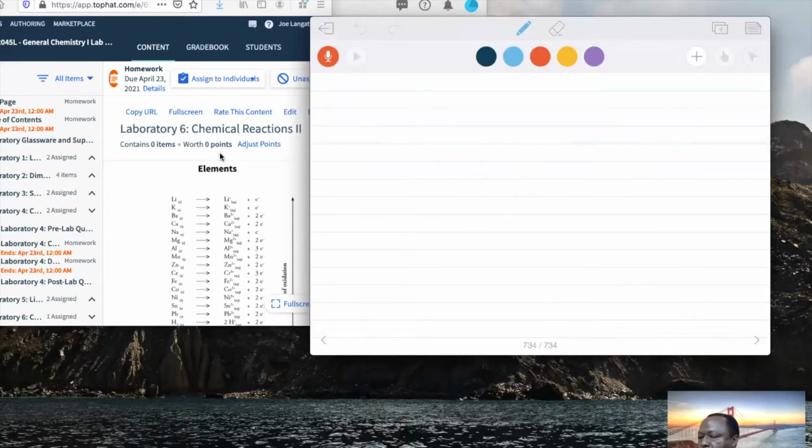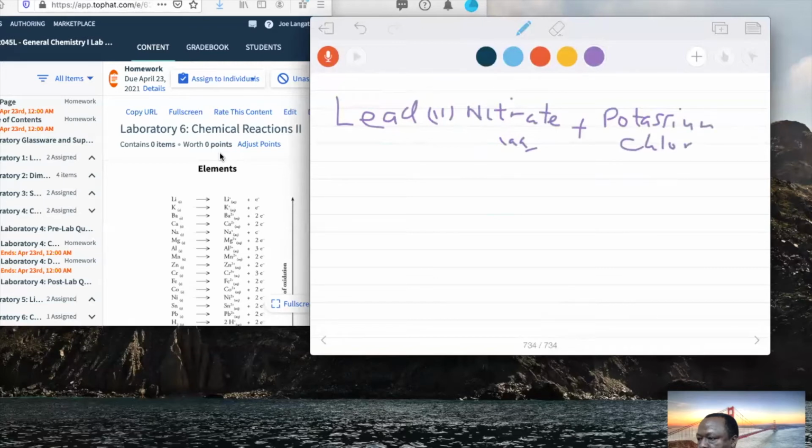Let's say lead nitrate, which is aqueous, plus potassium chloride, which is aqueous. You are expected to write the net ionic equation.